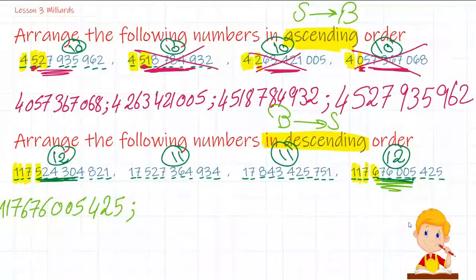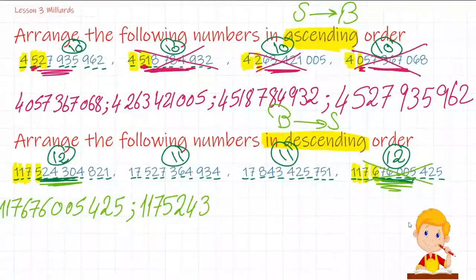Okay, let's cancel it out and let's write this number here. 117,524,304,821. Okay, let's move to the next number.